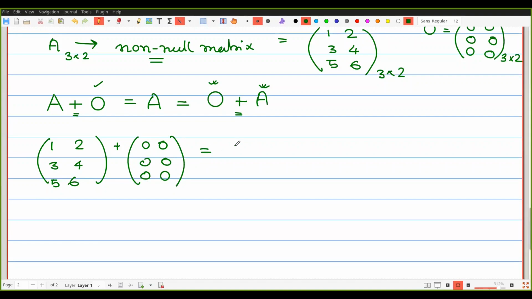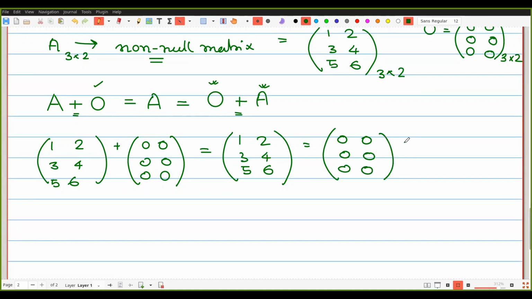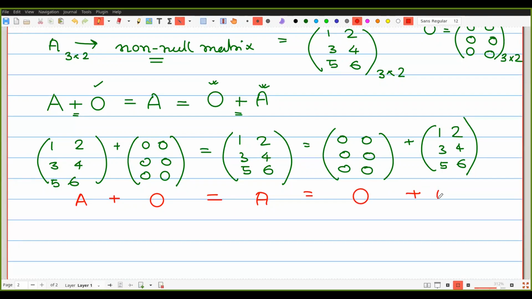So we are getting 1 2 3 4 5 6, and that is also the same as 0 0 0 0 0 0 plus 1 2 3 4 5 6. So that means we may say A plus O is equal to A is equal to O plus A.